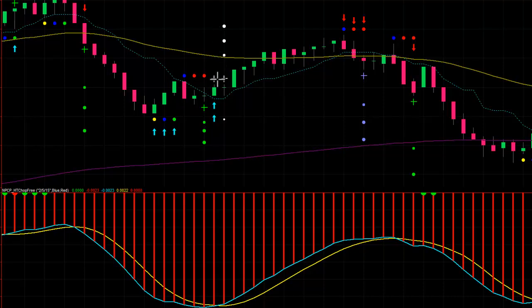And the reason why is because this is a white trade, it needs one extra thing to happen. Remember what I said, if you look down on the histogram, the cyan line had not yet crossed over the yellow line. Remember, that's a piece of confirmation that has to happen for the counterpunch trade to become valid.